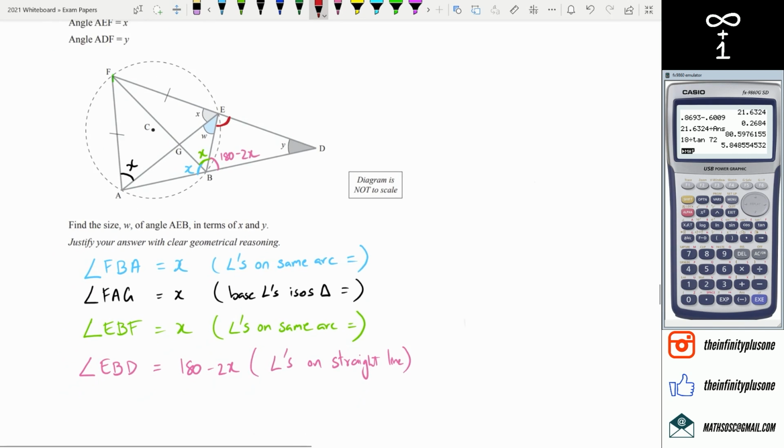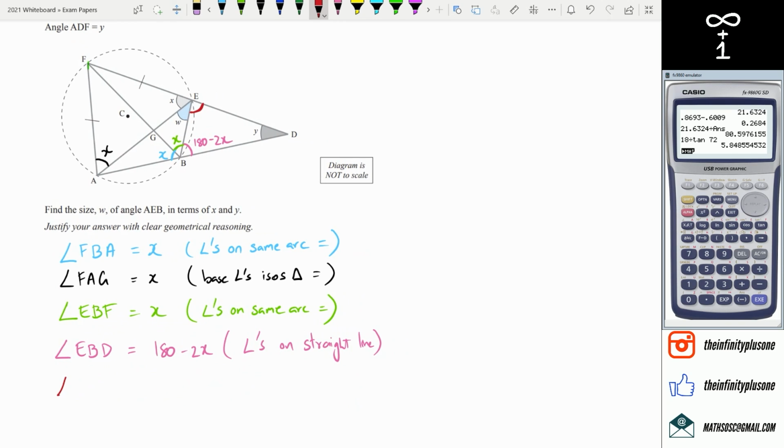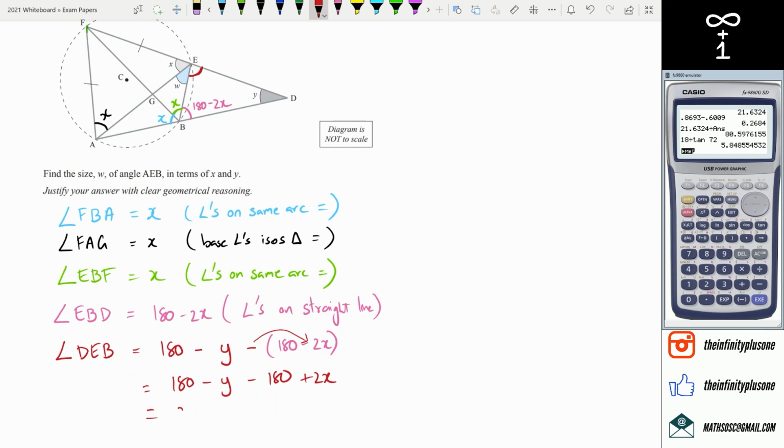Next, I'm going to work out the red angle, DEB, which is 180 minus y and minus the pink angle, 180 minus 2x. So we get 180 take away y minus 180, and negative times negative 2x is plus 2x, and we get 2x minus y. So that red angle there is 2x minus y.